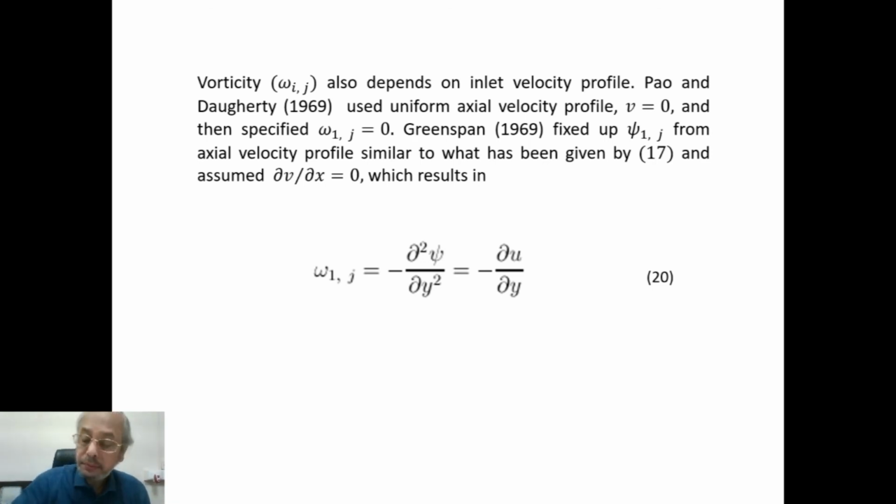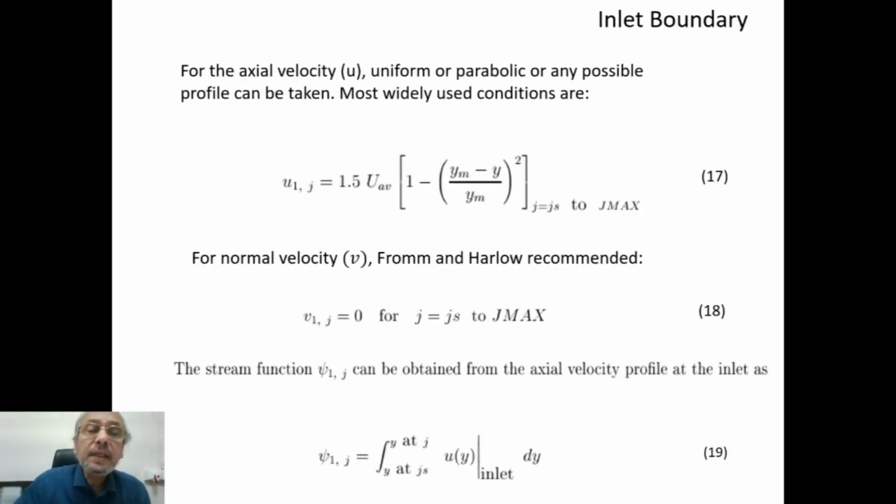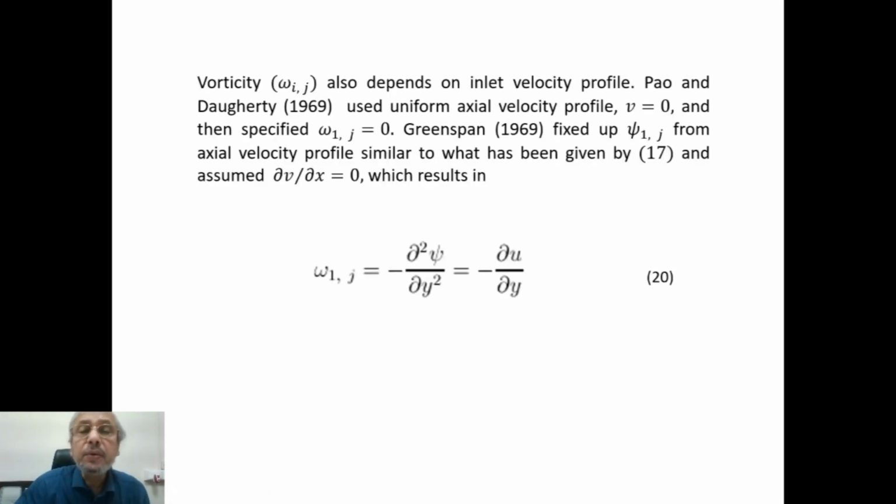So if you take this velocity profile from where you calculate ψ(1, j), and j is varying 1, 2, 3, 4, 5, basically you are calculating all ψ values.